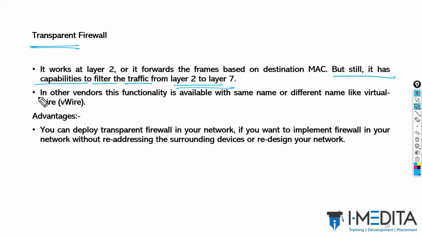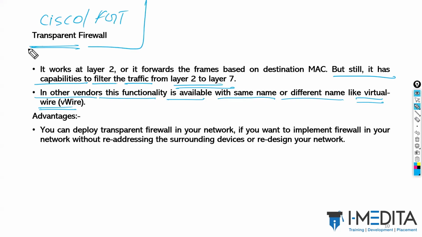Transparent firewall functionality is available in other vendors with the same name or a different name, like virtual wire. In Cisco, you will find this feature with the name transparent firewall. In FortiGate, you will find this feature as transparent firewall.